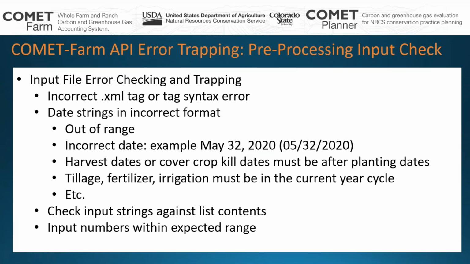All of this error trapping that we're seeing here is pulled from actual errors that have occurred from users sending files in, and also some of our own mistakes. And then finally, a user may send in a tillage, fertilizer, irrigation, or other related type of event that's outside of the current year cycle, within either the current model run period or a future scenario period.